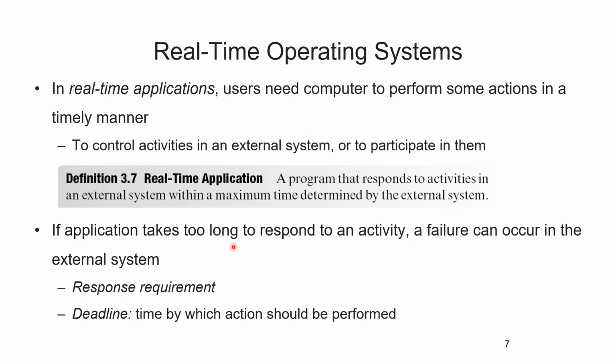It can use the maximum amount of time which is specified, but within that time it must respond to the activity. If it exceeds, there is a possibility of failure. So the particular activity or response may not exceed this response requirement time.